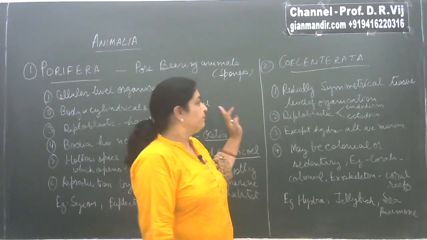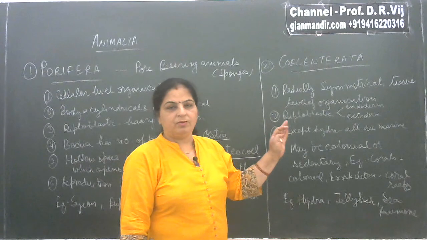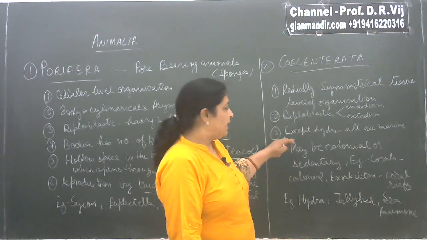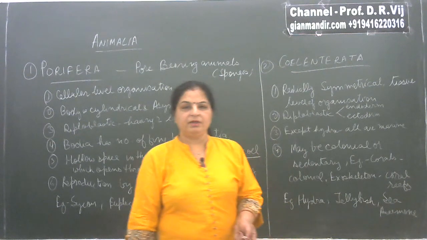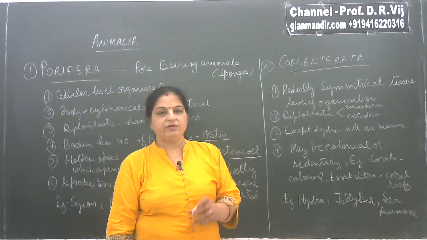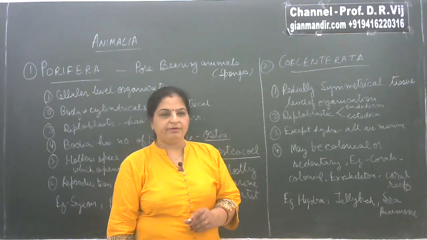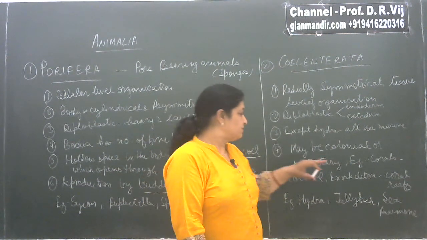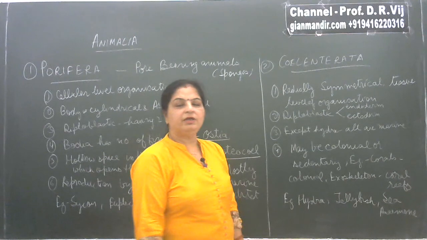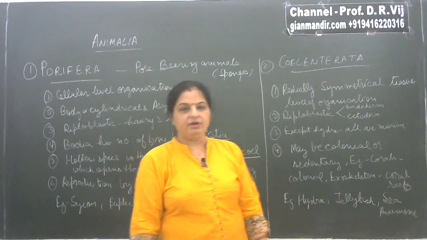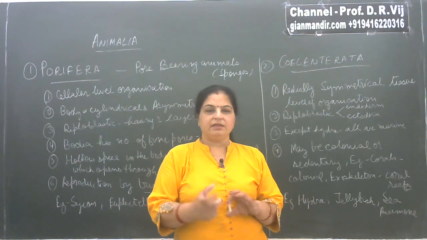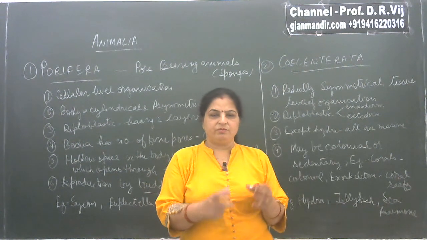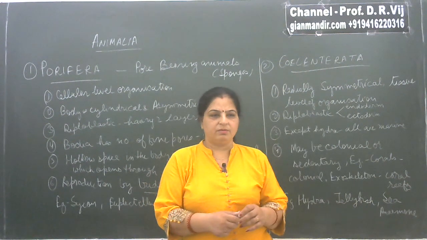Diploblastic, like Porifera, they are also diploblastic, having two layers, endoderm and ectoderm. And if you look at their habitat, only hydra is the freshwater coelenterate, and the rest are all marine animals. And they may be colonial or sedentary, meaning either they are in the form of groups, a number of individuals combined together to form a group.